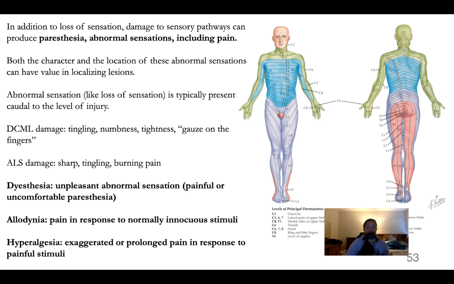So abnormal sensation, like loss of sensation, happens below the level of injury. But if it's damage to the dorsal column medial lemniscus pathway, then the abnormal sensation is qualitatively similar to sensation in that pathway. So tingling, numbness, tightness, gloves and stockings, constriction of the hands and feet is characteristic of dorsal column medial lemniscus pain.